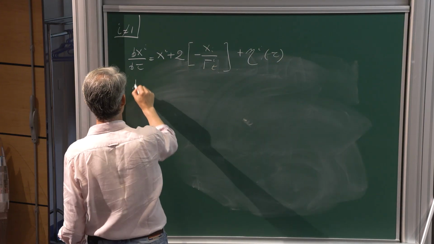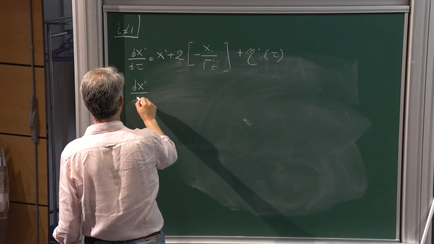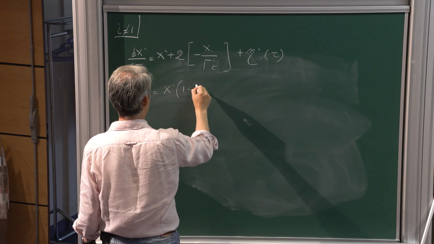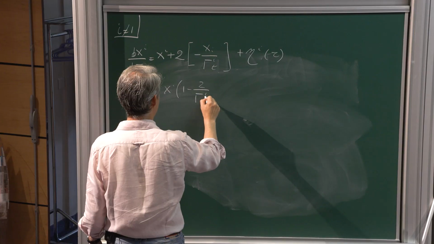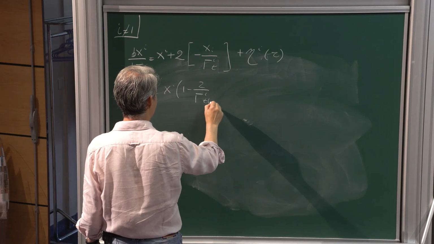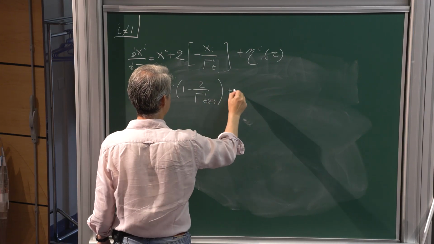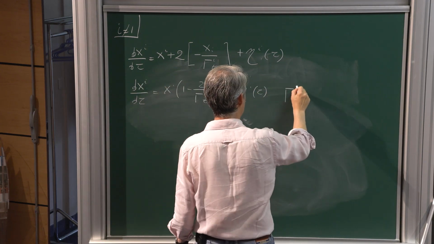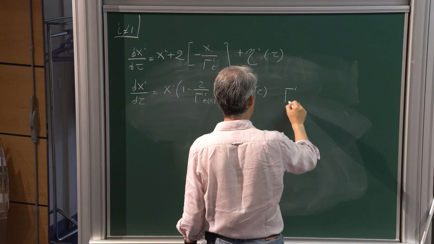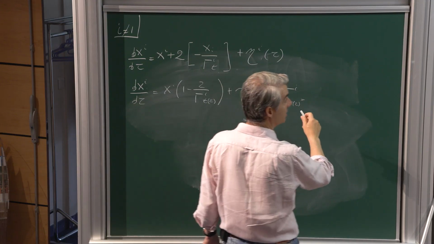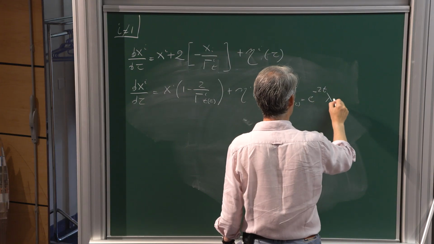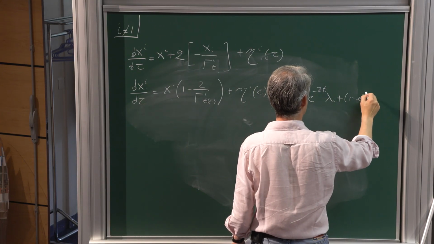So this equation is just d xi d tau equal to xi times 1 minus 2 over gamma i of t, plus eta i of tau. Remember, t is a function of tau, and gamma i of t is equal to exponential of minus 2t lambda i plus 1 minus exponential of minus 2t.